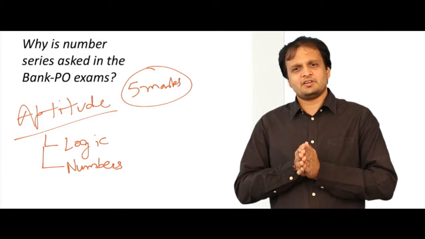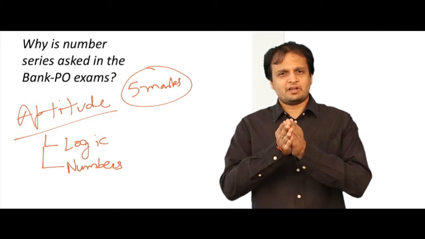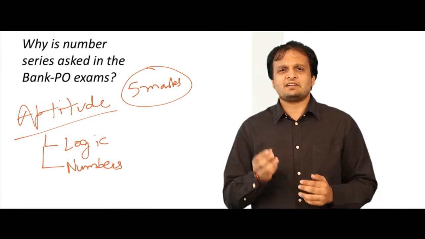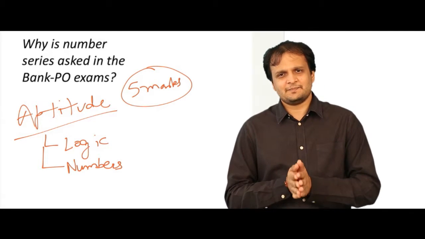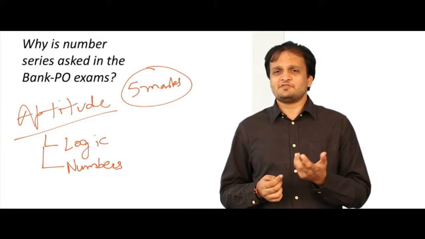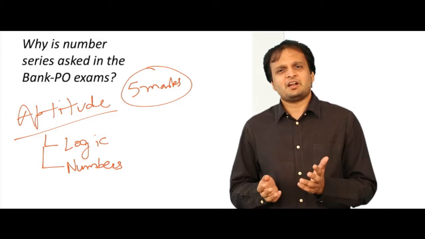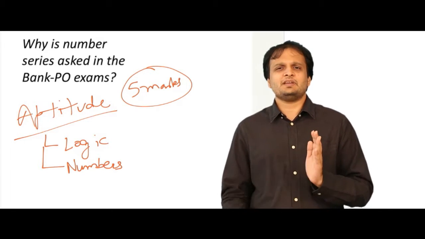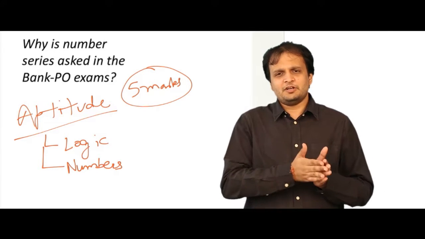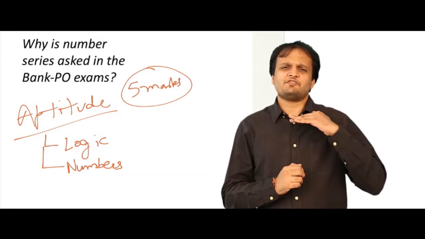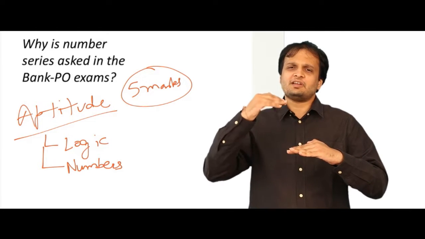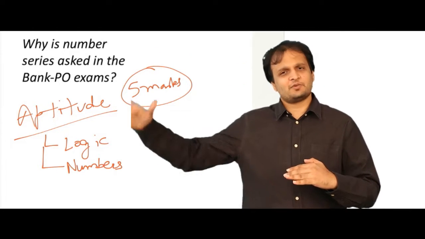One thing that you should note here is that broadly, if you look at most papers, out of these 5 marks, 3 to 4 marks you should be able to score very easily. You might come across 1 or 2 very challenging questions, but other than that, at least 3 questions should be solvable. So in today's class we will be taking you through different types of series, beginning with very easy and slowly rising the difficulty and ending up with challenging questions.